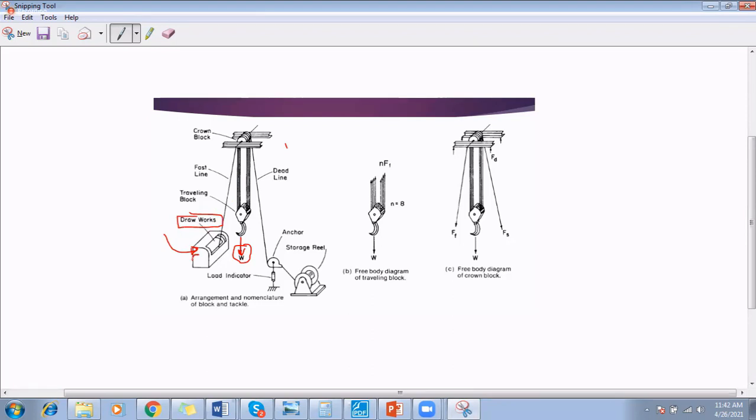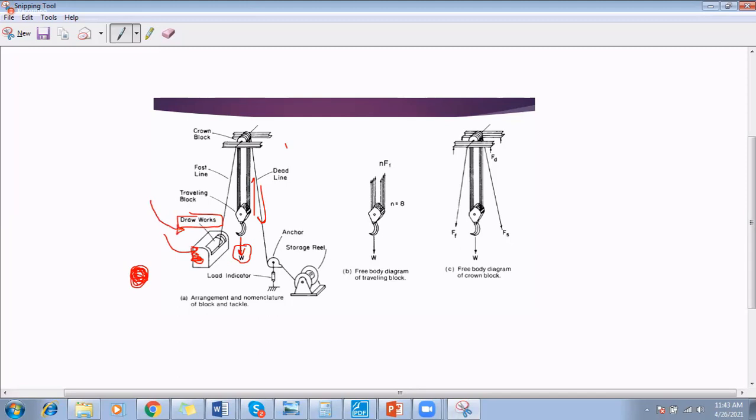Here this is a pulley-like arrangement, so when you electrically control this drawworks operation, you can wrap the drilling line on the wheel that is present in the drawworks, and it will simply raise upward. And when you release the drilling line from the drawworks, it will move downward. So you can see that this whole mechanism is controlled with the drawworks.